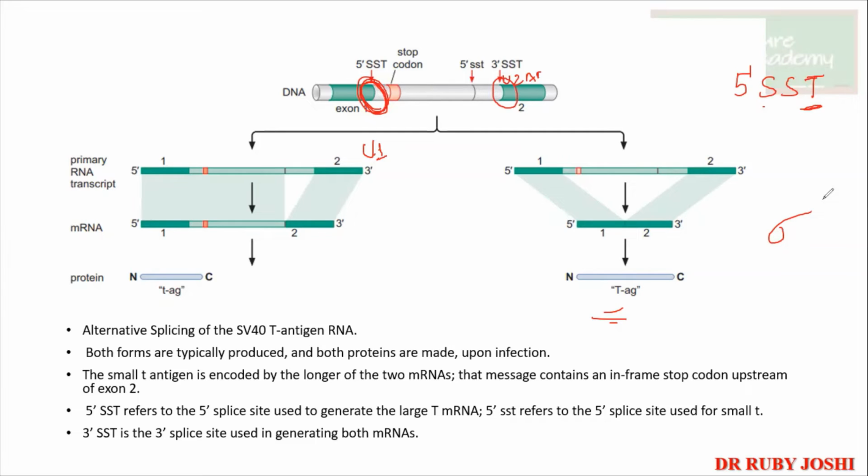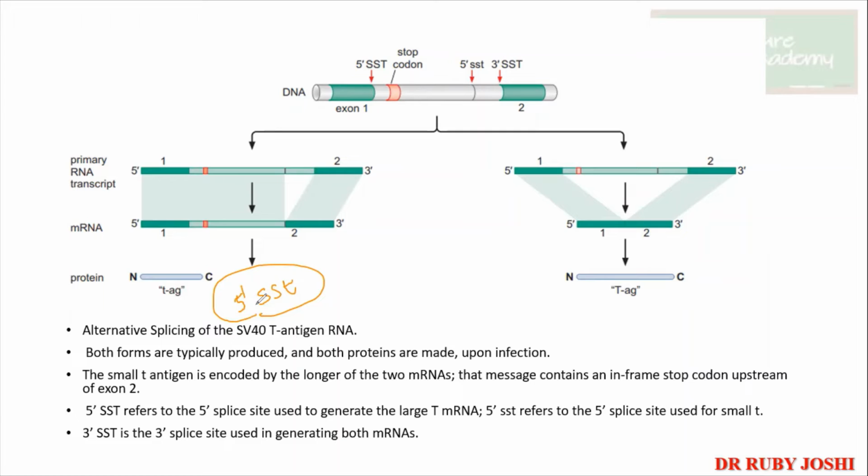Is this much clear now? Now clear? Yes, ma'am. These are the regions where your splicing machinery is going to sit. Now, when you talk about your small SST, that is phi dash splice site for your small t. Okay, it is for your small t. So what do we call it?